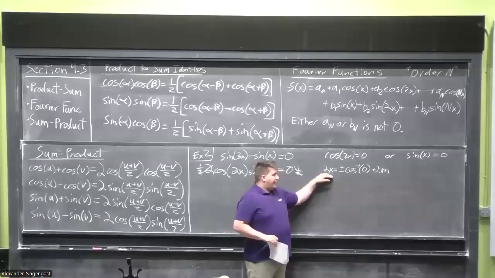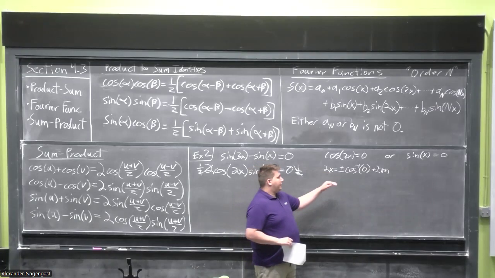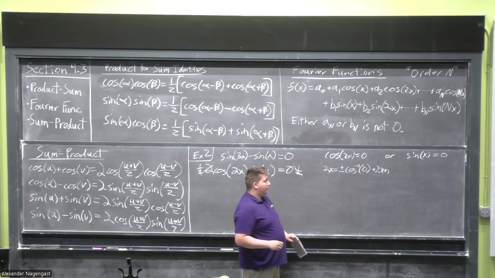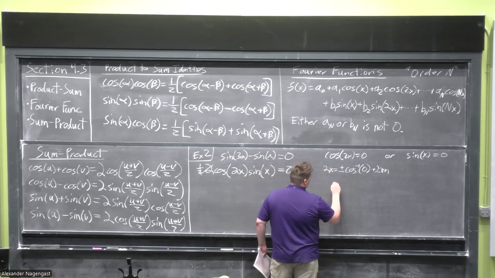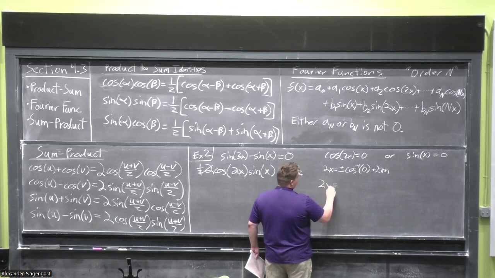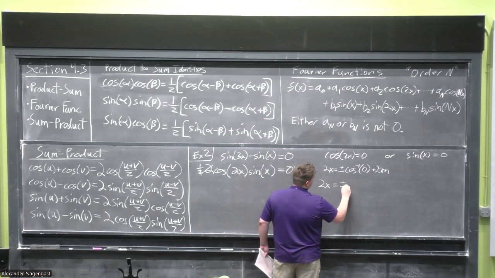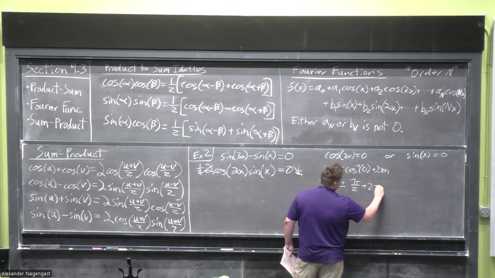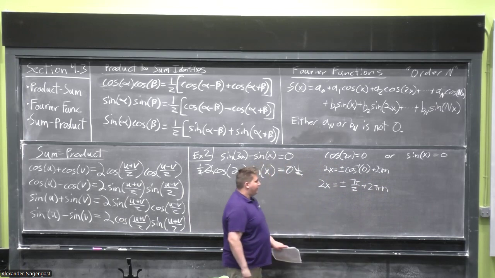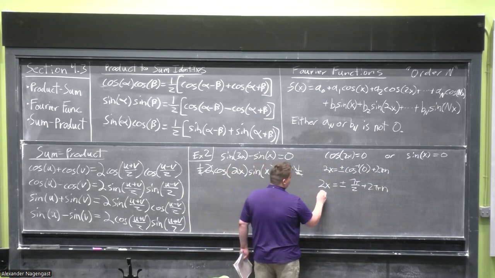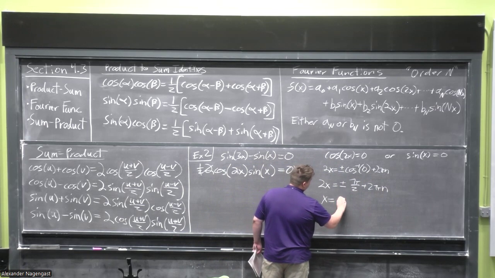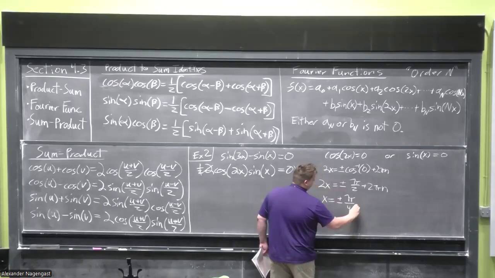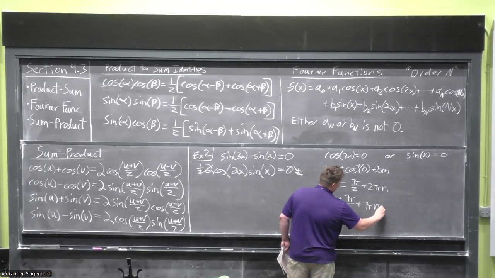Well, we want just x, so we're going to divide by 2, but we also want to find out what the inverse cosine of 0 is, which is pi over 2. So we have 2x is equal to plus or minus pi over 2 plus 2 pi n. Divide the entire equation by 2, and we get x is equal to plus or minus pi over 4 plus pi n.